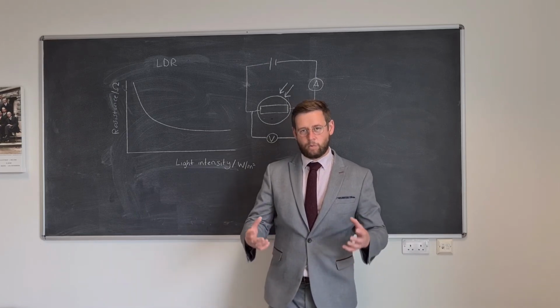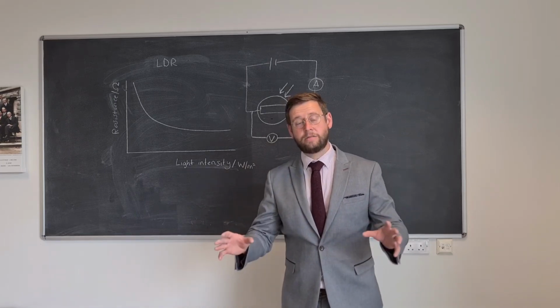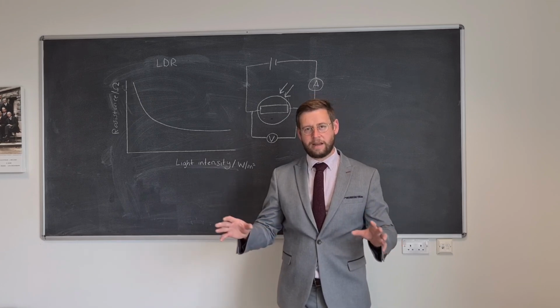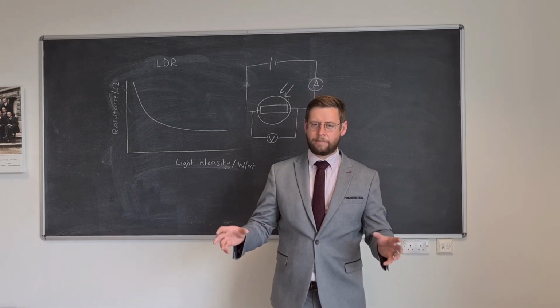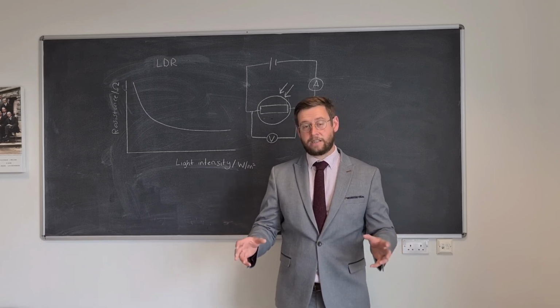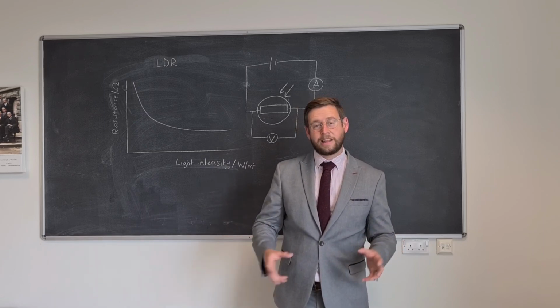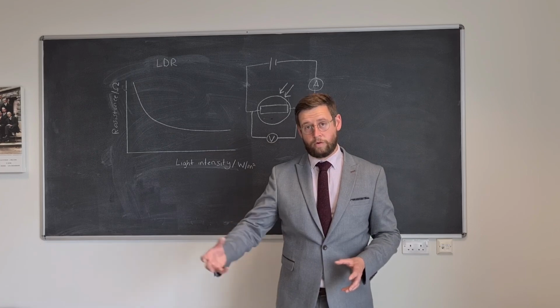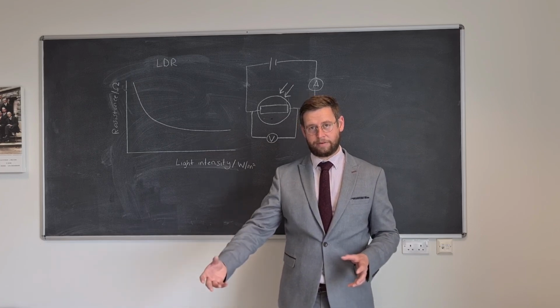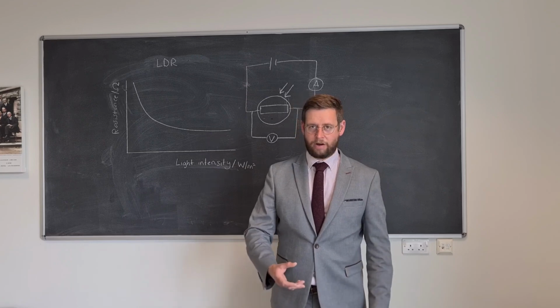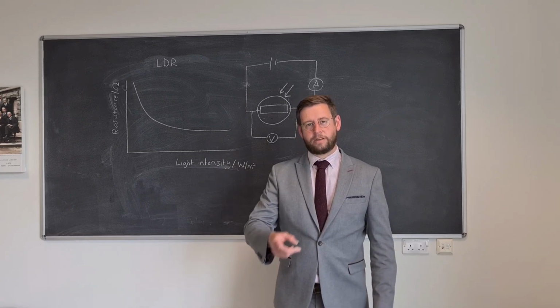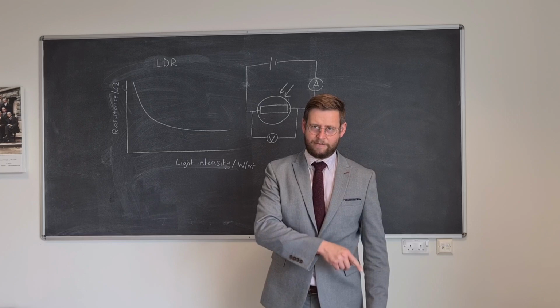Now, here is one last thing to consider. The usage of an LDR and a thermistor might change depending on the desired outcome. For example, if you wanted a fan to turn on because it was too hot, that is a response to warmth. That is a response to a high temperature. But if you want a lamp to turn on when it is dark, that is actually a response to a low light level.